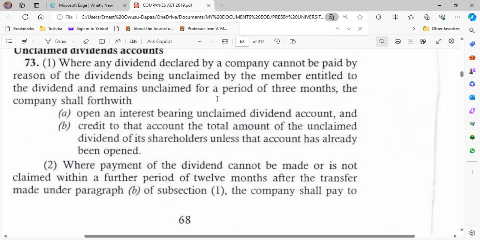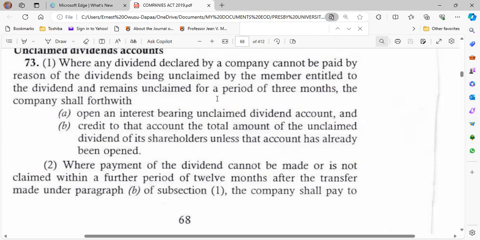Now, after doing this, say a further period of 12 months.